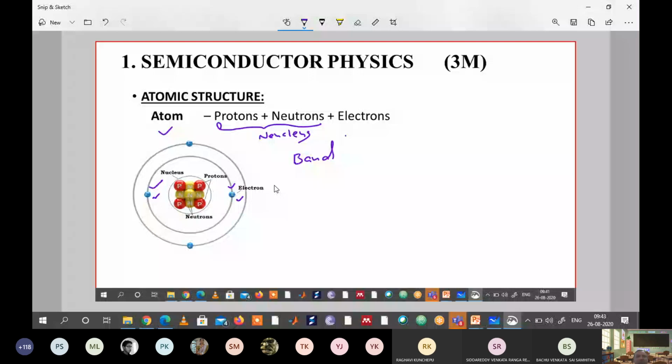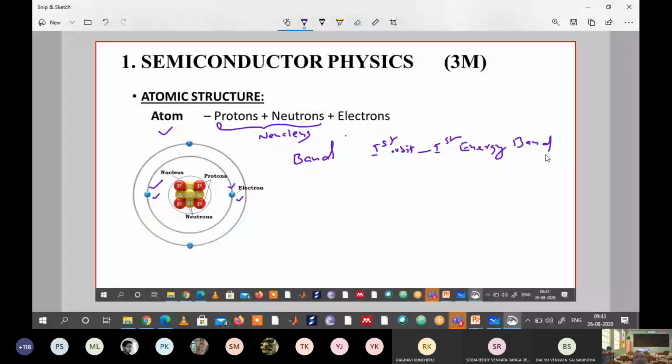First orbit is called the first energy band. So in the first orbit, if you merge all the energies, then you get the first energy band. If you merge all the energies of electrons possessed in the first orbit, that is called the first energy band.